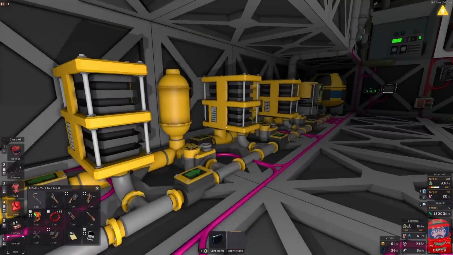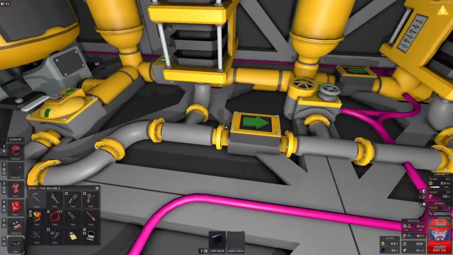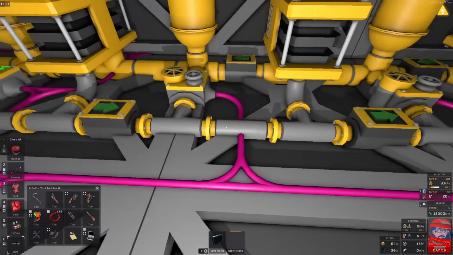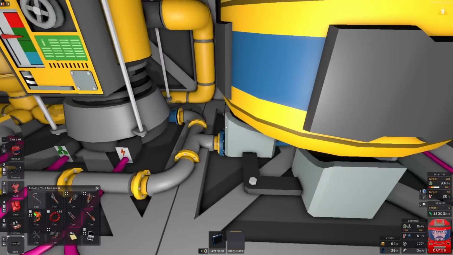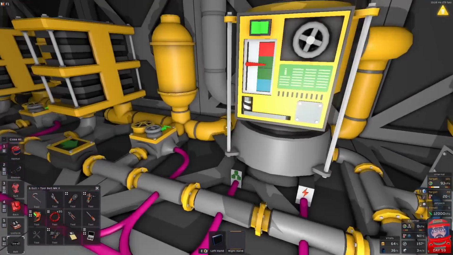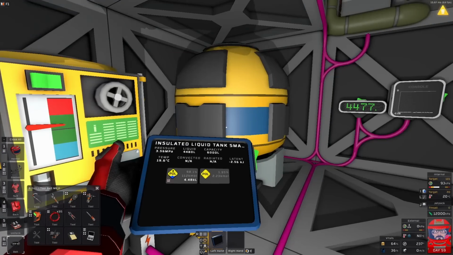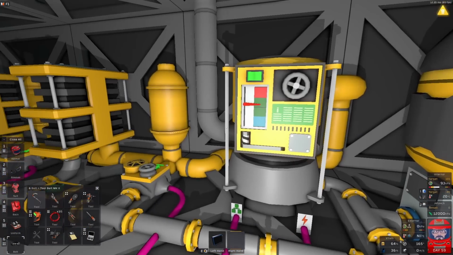Now, this one is probably fairly convoluted, because as we go down this side with the liquid, we are constantly cooling it, and it gets cooler and cooler till it gets to the tank. And once it gets to the tank, it is then used, because of course if we're using a gas that's as cool as possible, it's going to have the most cooling effect once it gets fed into devices like this.